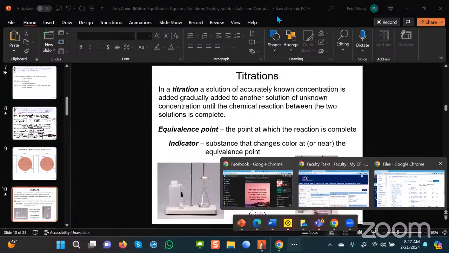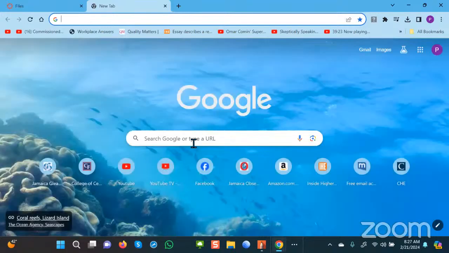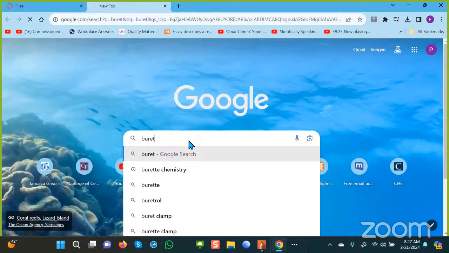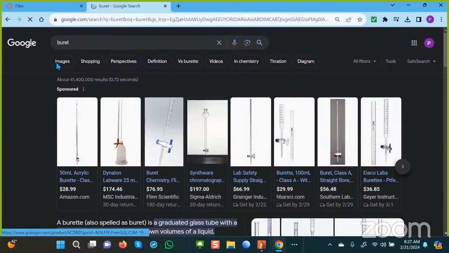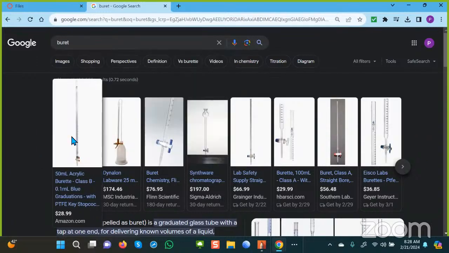And by the way, there's an American way of spelling burette, and then there's the rest of the English word spelling burette. When I was in Jamaica, this is how burette is spelled, with a T. Yeah, more than likely those are probably British companies. But anyway, let me see if I can find a good picture.